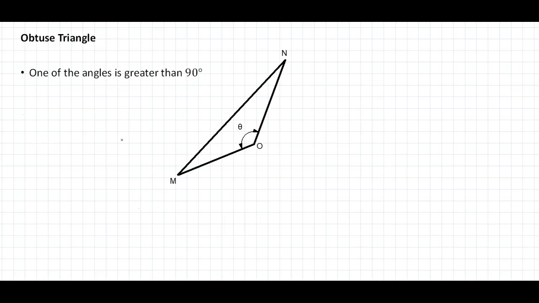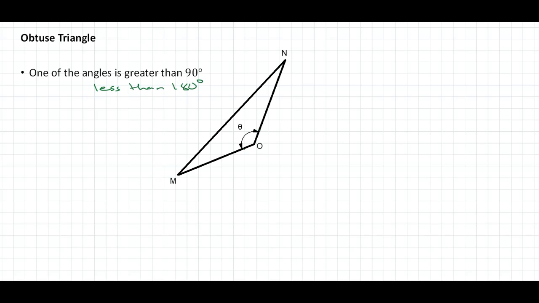Now we have the obtuse triangle. The triangle is named so because one of its angles is greater than 90 degrees but less than 180 degrees. In this case, you have this angle right here.